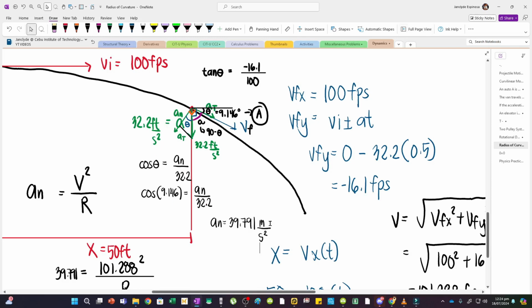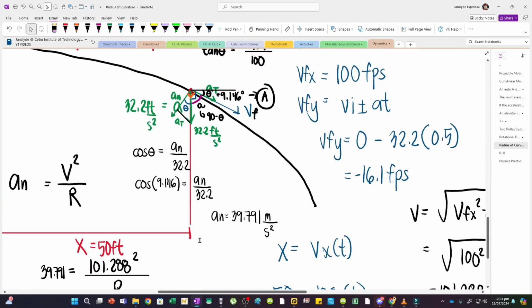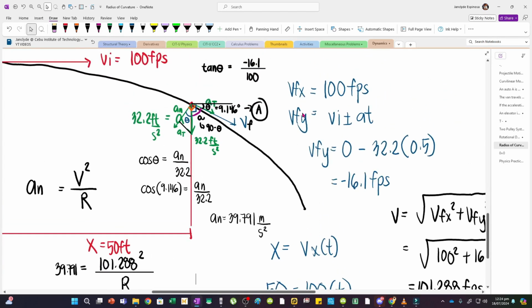Now, using AN equals V squared over R, we can now solve R, the radius of curvature. Now sir, how did we get V? V was obtained using VFX and VFY. So V is the square root of VFX squared plus VFY squared, so this is 100 squared plus negative 16.1 squared.